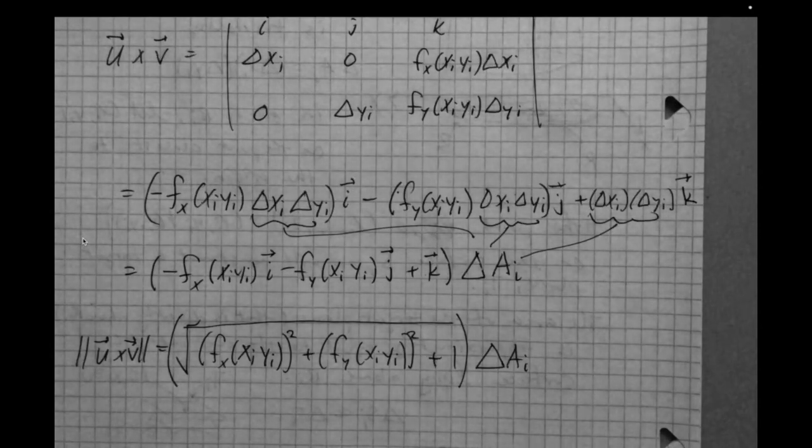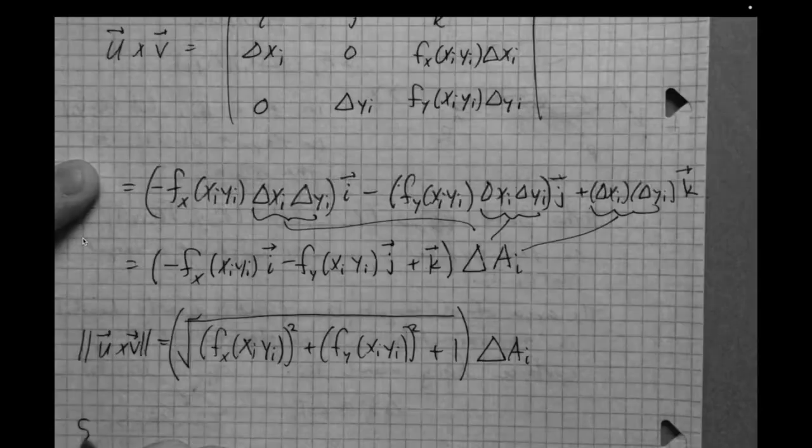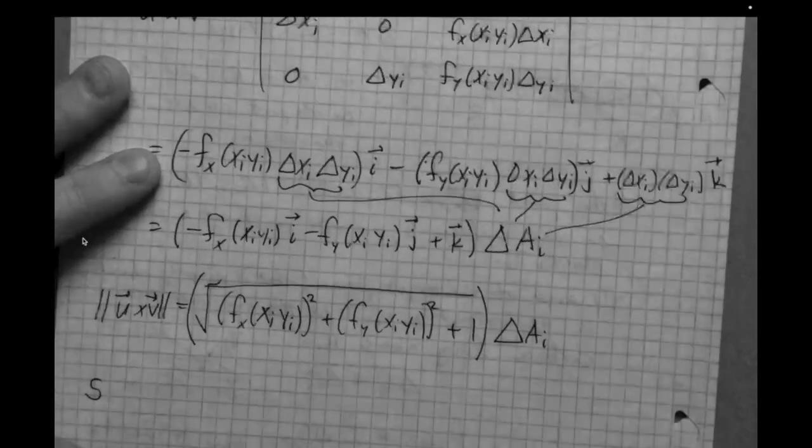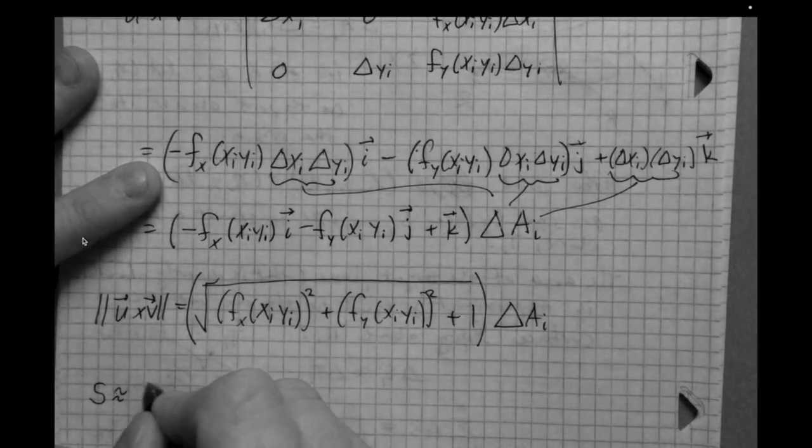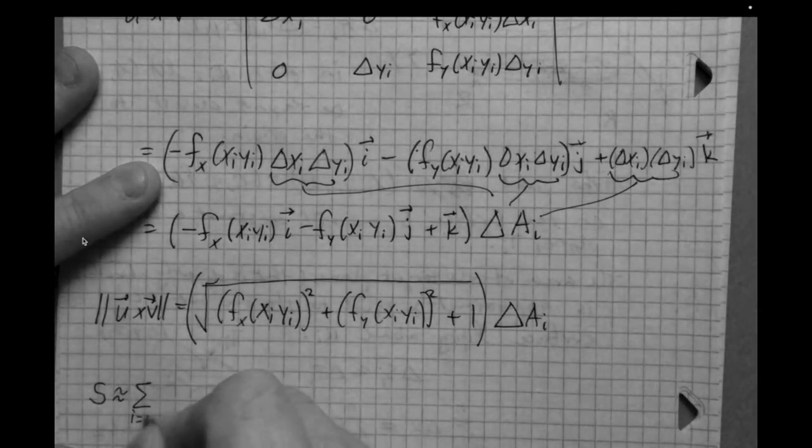So this technically looks like that, doesn't it? And this gets us a nice expression for the area of each of the Tis. The surface area, we'll call it S, is approximately equal to the sum from i equals 1 to n of all of the little surface areas.